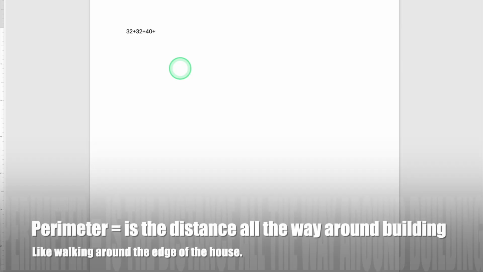And then we have 40 feet plus 40 feet. And let's put that in our calculator. That's going to give us the total perimeter of the wall. I'll show you how we're going to come up with the gross wall in a minute. So we go 32 plus 32 plus 40 plus 40. So our total perimeter is 144 feet.